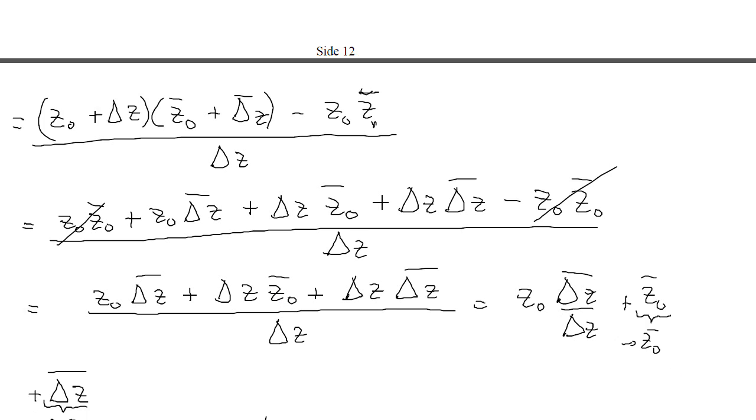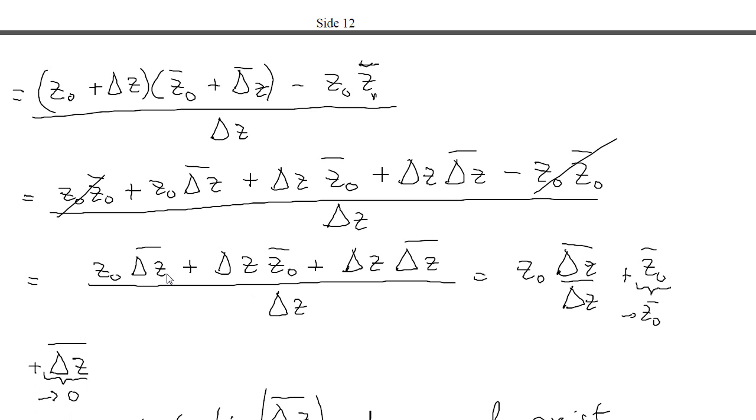And we see now that this term divided by delta z equals this. This term divided by delta z is just equal to the conjugate of z0.